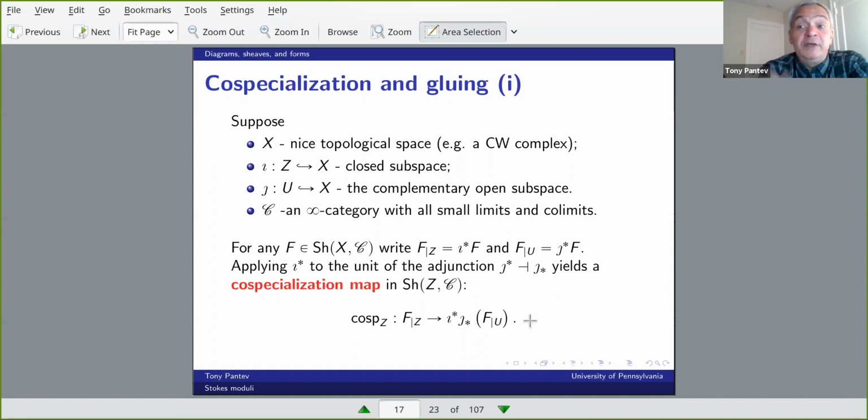by giving yourself one piece of gluing data, and that's the co-specialization map. It's a map of sheaves on the closed, and it's just the unit of the adjunction from the pullback to the push forward for the open immersion. And it is the map that goes from the restriction of the sheaf to the closed to the pullback of the push forward of the restriction of the sheaf to the open.